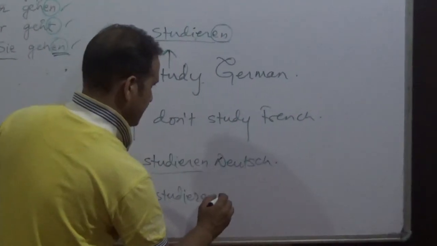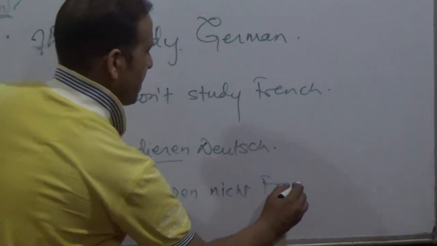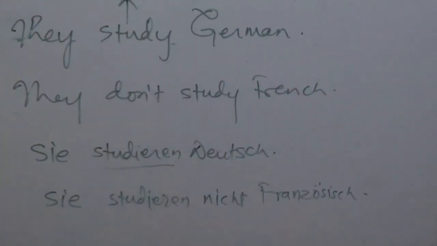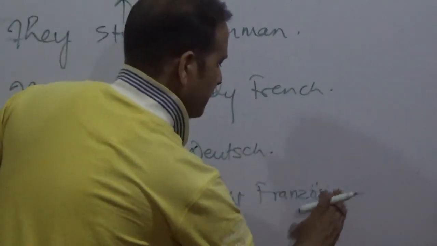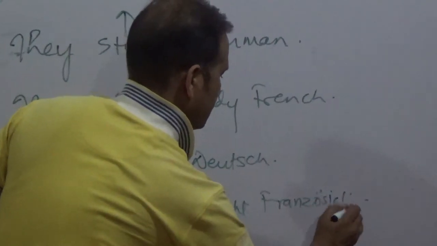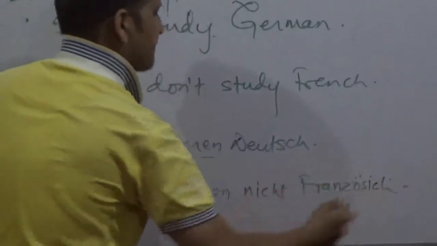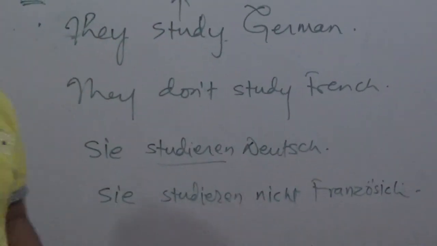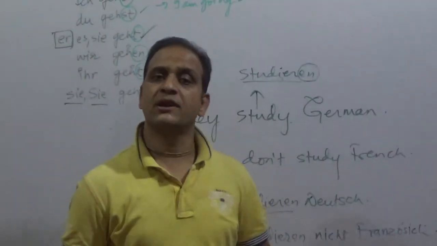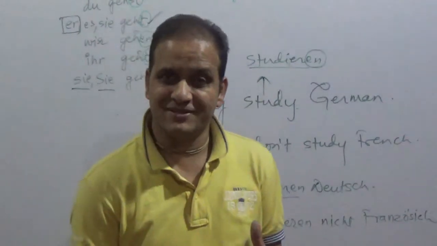And then nicht. For French they say Französisch. So you can use this nicht after: Sie studieren Französisch nicht. Sie studieren Deutsch. Sie studieren Französisch nicht. Or Sie studieren nicht Französisch.